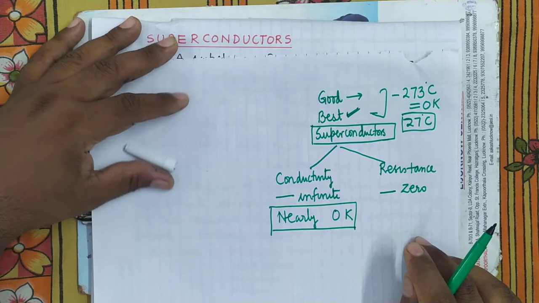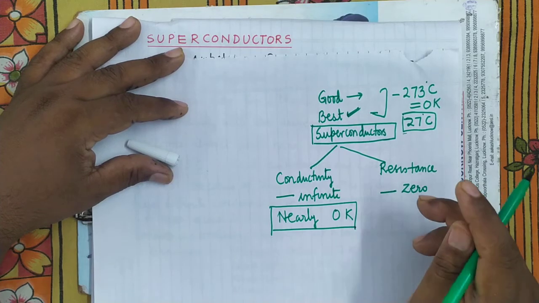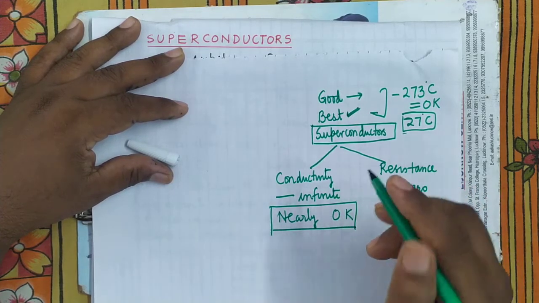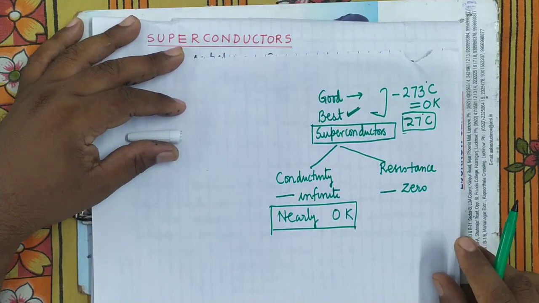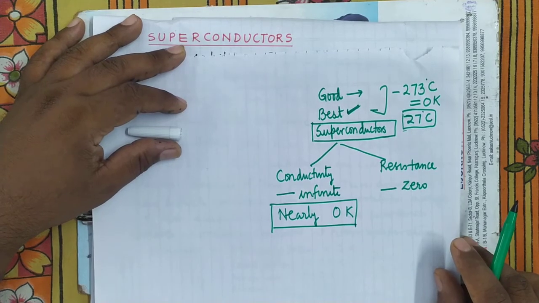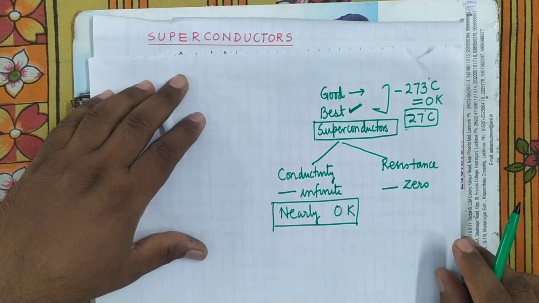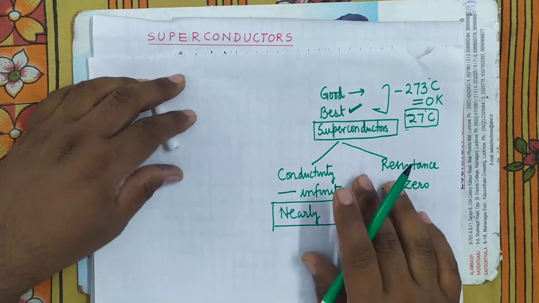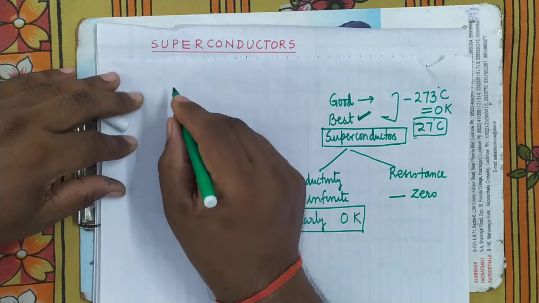But at ordinary temperature, meaning room temperature, they will be just like an ordinary conductor, just like a good conductor. They will lose their property of superconductivity. This property exists only in the low temperature range.